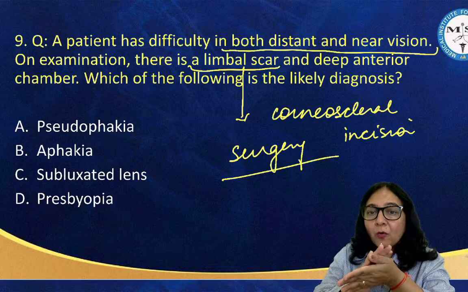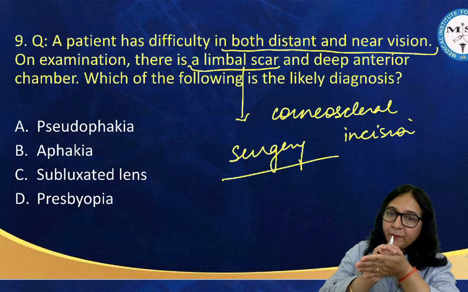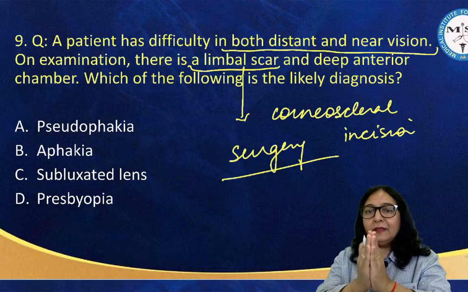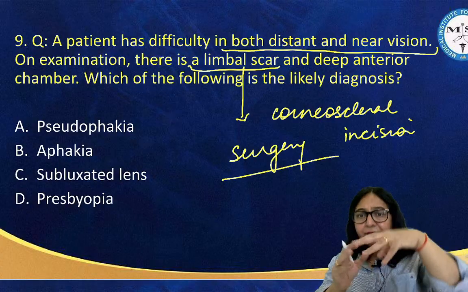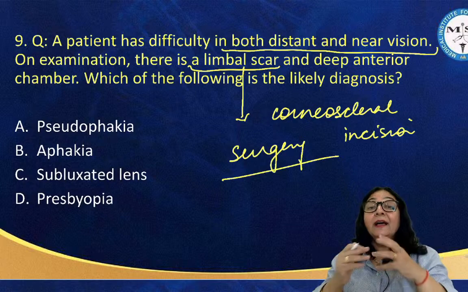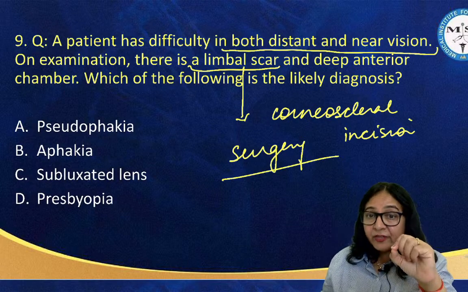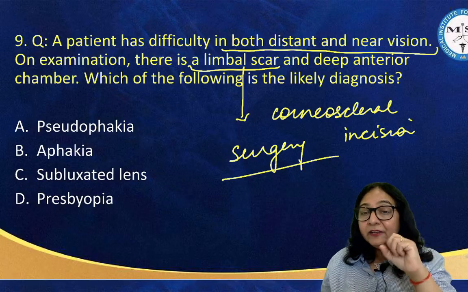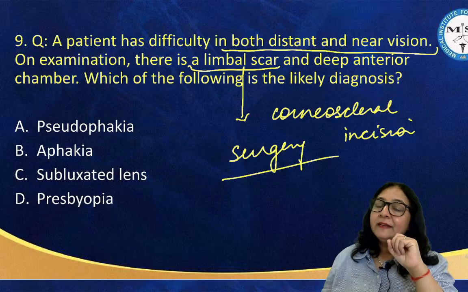So if the patient had surgery, deep anterior chamber, so normally there is a lens which is hanging in that area. If there is no lens in that area, the anterior chamber becomes deep. So the surgery was done, but anterior chamber was deep and patient also has problem in both distant and near vision.